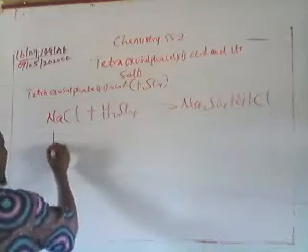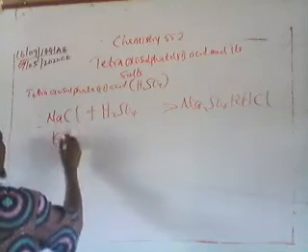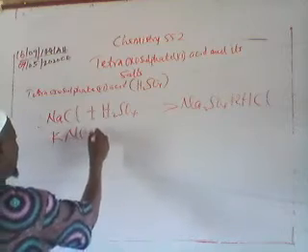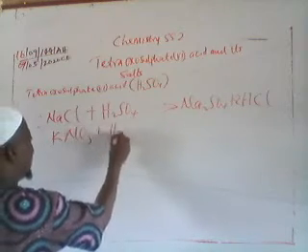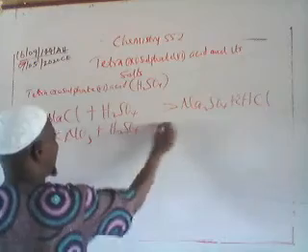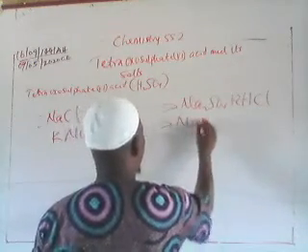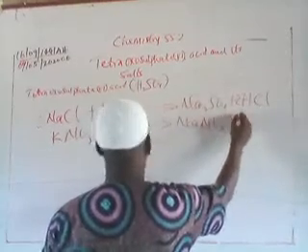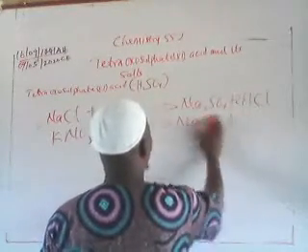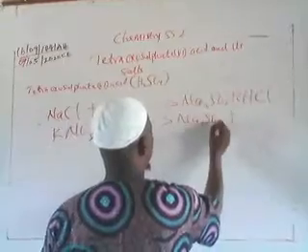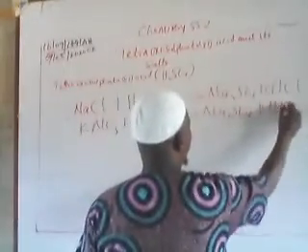Even you can get nitric acid. Sodium nitrate reacting with tetraoxosulfate acid, you get NaNO3 plus Na2SO4 plus HNO3.